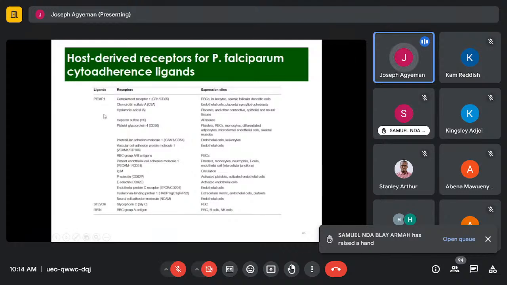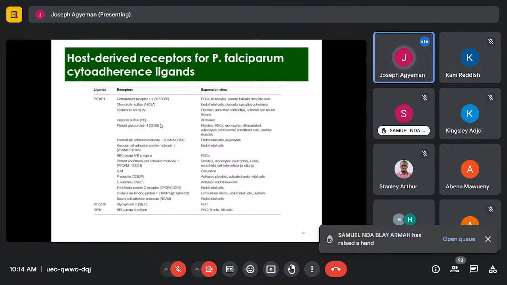But in the spleen, when it gets there, there will be destruction as well. So if more and more come there, that is when the spleen will even overwork and then become larger than normal. So you could even have splenomegaly when it comes to severe or complicated malaria. So splenic sequestration can occur because ubiquitous receptors like heparan sulfate will be there and it can cause problems.